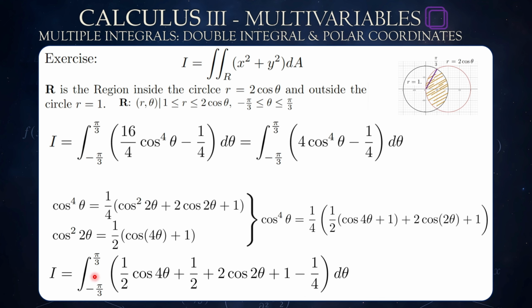So I is equal to the integral from minus pi over 3 to plus pi over 3 of 1/2 cosine 4 theta plus 1/2 plus 2 cosine 2 theta plus 1 minus 1/4 d theta.